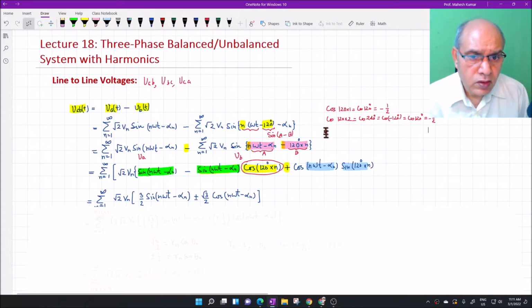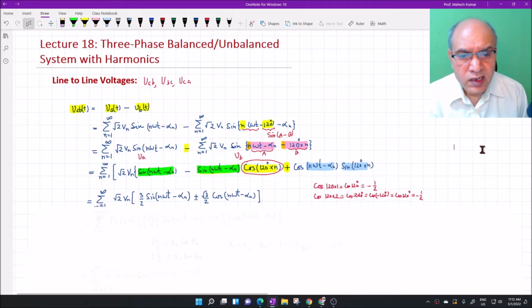Okay, so if you see, cos 120n is always minus half, irrespective of the value of n, except when n is 3 or a multiple of 3, where this is cos 360, which is 1. We will see that for n equal to 3 or a multiple of 3, this whole expression is actually 0, because this cos term is 1, so it will cancel with this, and sin 360 is 0, so that term will be 0.